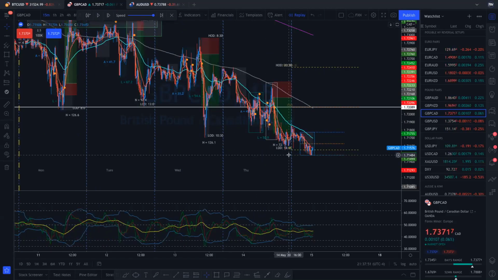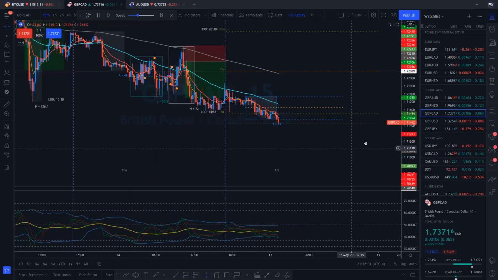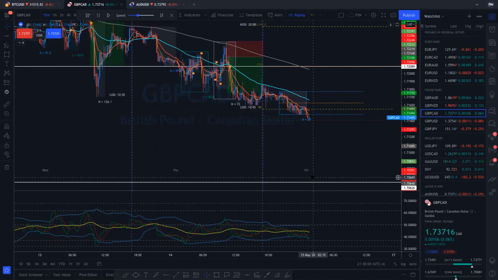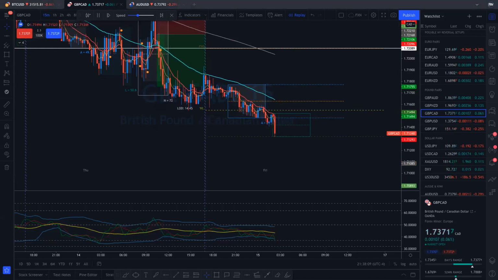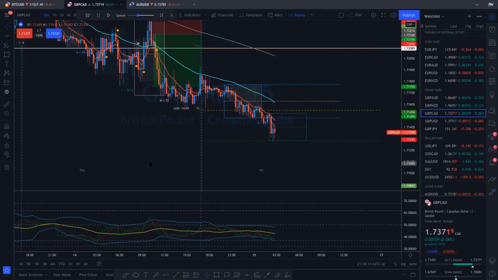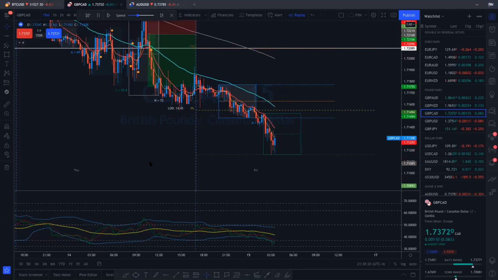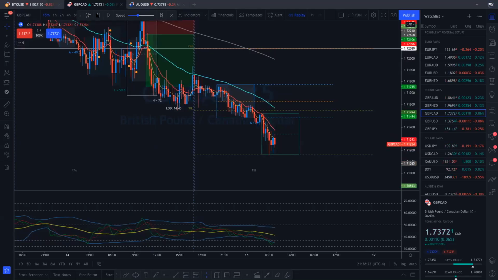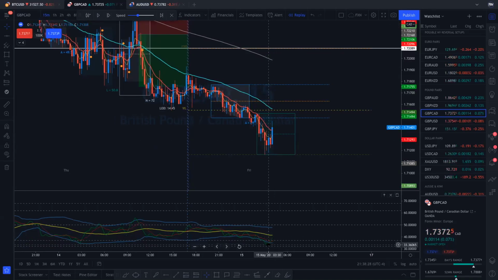All right, so Friday, this broke out of that structure, obviously. This has some potential TDs all the way at the bottom here.